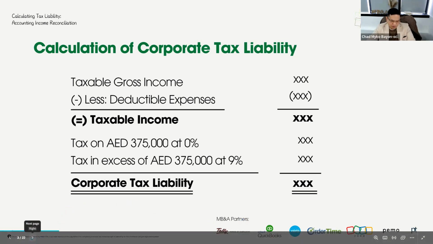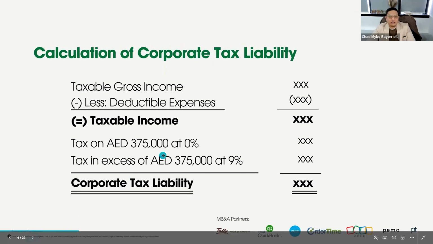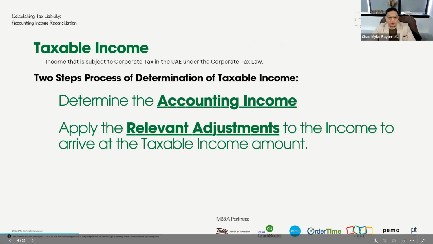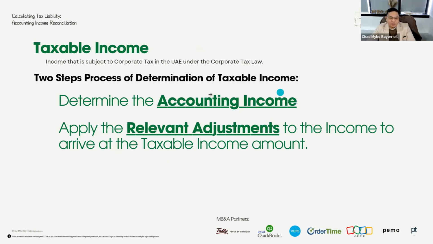It's just a two-step approach. The first step is determining your accounting income. Again, as I mentioned earlier, normally you have your own books of accounts. So from your books of accounts, whatever profit you have generated, or what we call financial statements, that will be the basis or the first step that you're going to establish as part of the calculation of your taxable income.